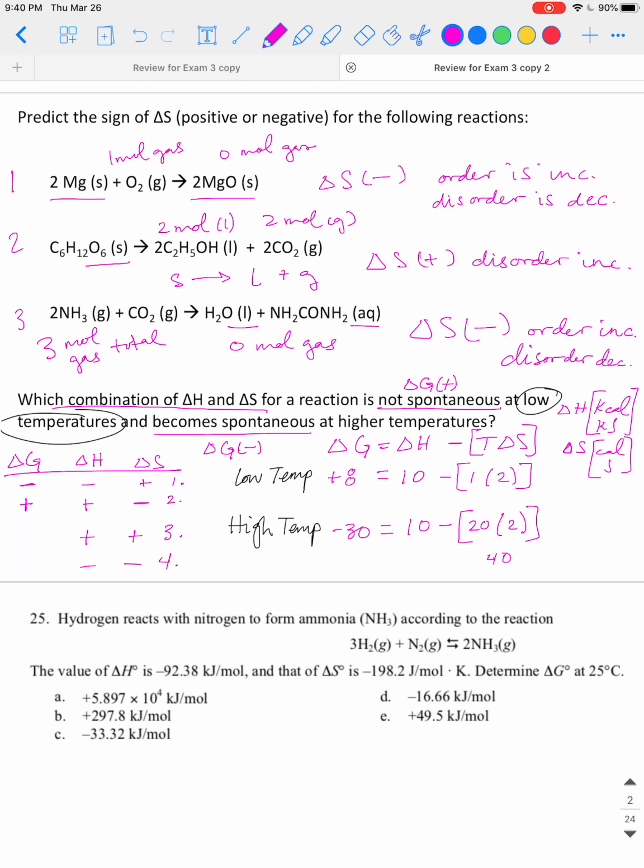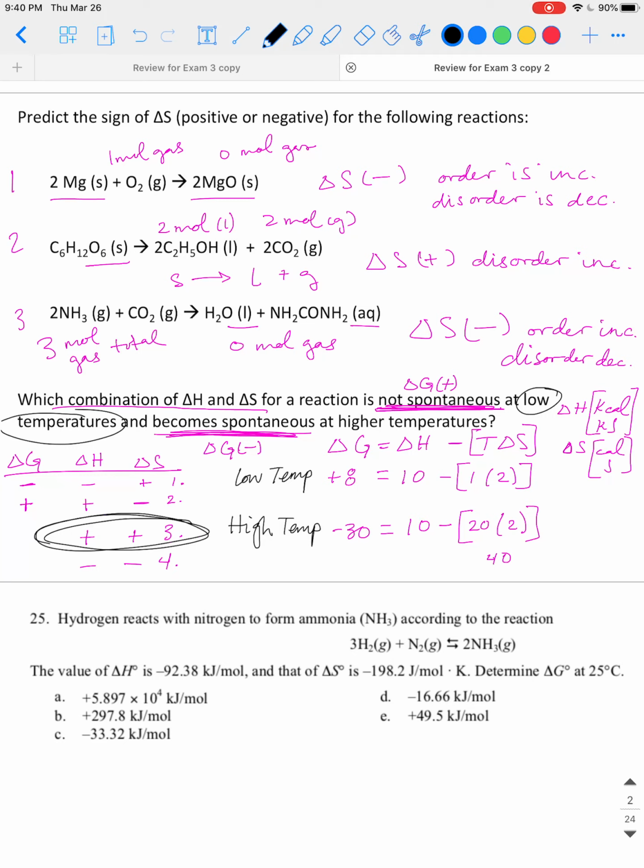So what we see is at low temperatures we have a positive delta G, which again is not spontaneous. And at high temperatures we have a negative delta G, which is spontaneous. So a positive delta H and a positive delta S is the combination.